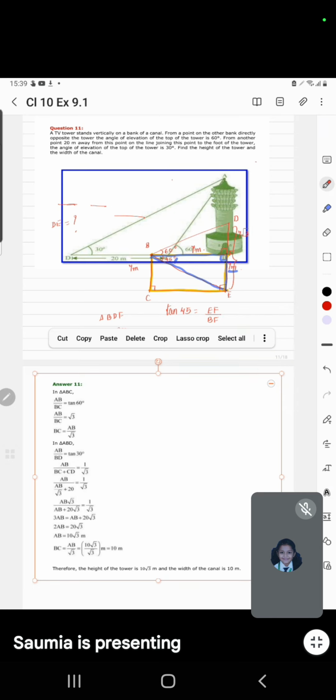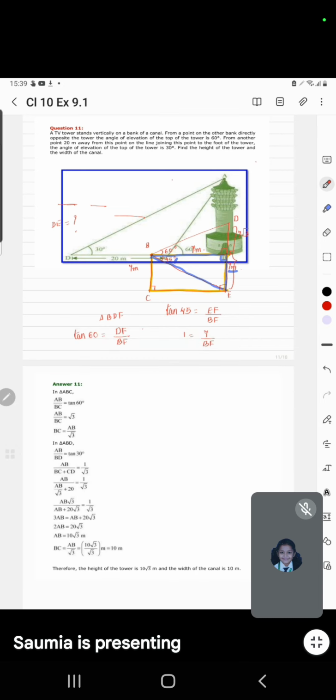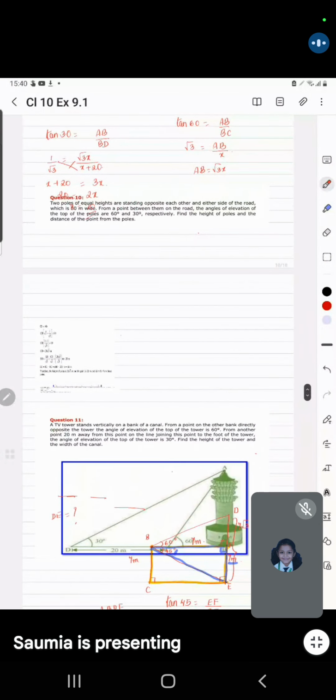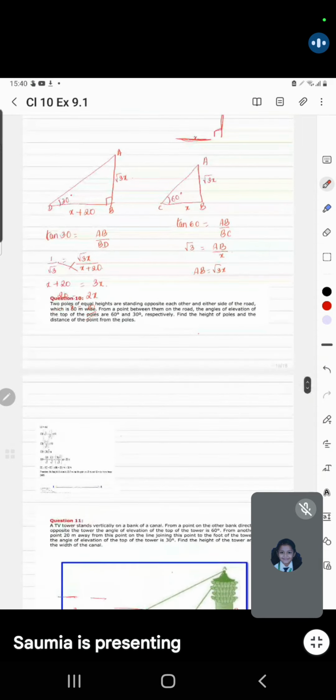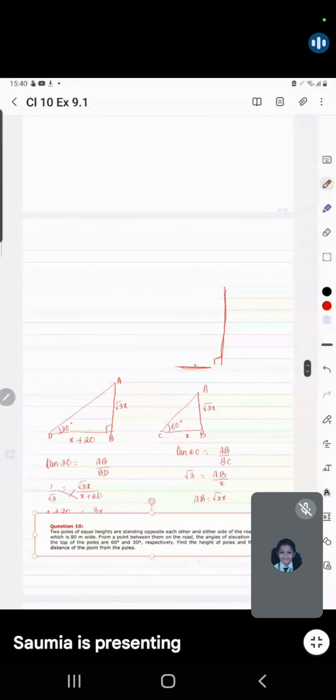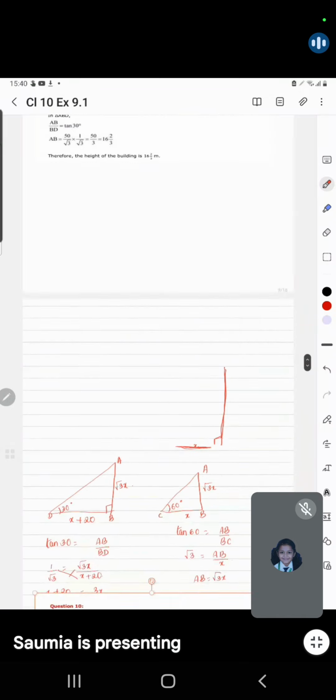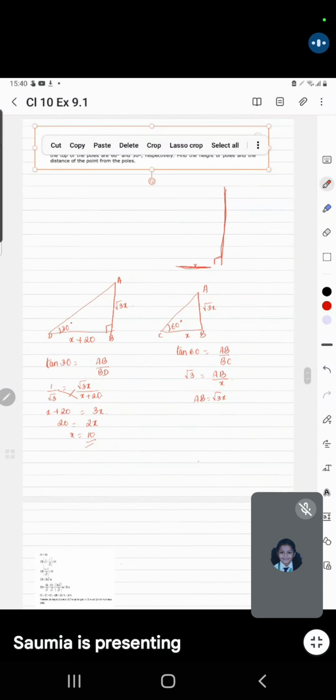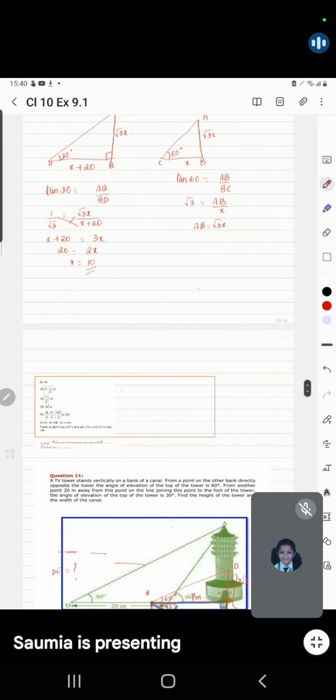Ma'am, are we going to do any more questions today? No, no, no. Okay. Is this over, Jatin? Yes, ma'am. Did we write the 10th one? Two poles of equal height? We wrote? Okay, I have not enlarged it.